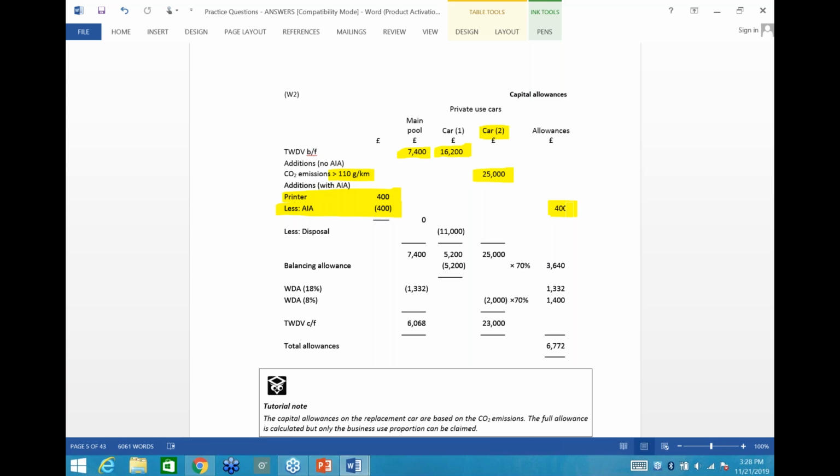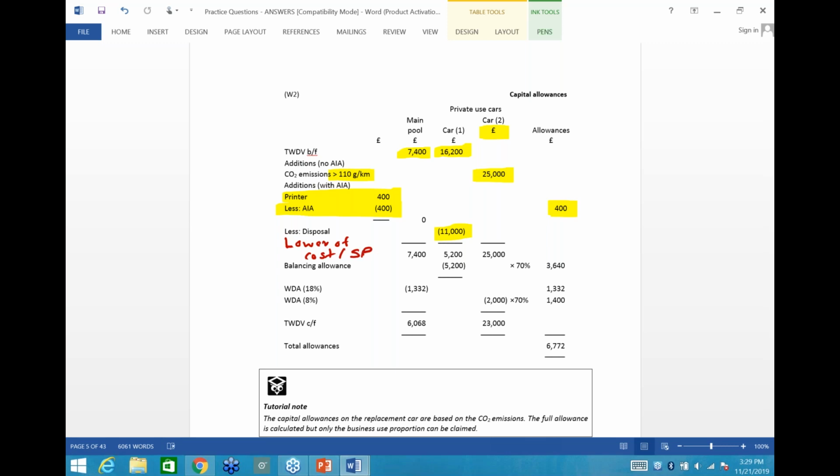Then there is a disposal. The old car we have sold for how much? £11,000. So if it is a disposal, you have to always take the lower of the cost or the selling price. The tax written down value still is 16,200 and you have sold it for 11,000. Therefore, the selling price is lower than the cost. So when it comes to a disposal, always remember you have to take the lower of cost or the selling price.